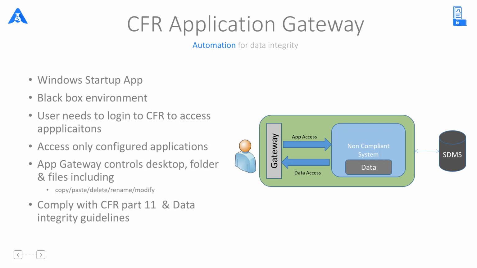CFR Gateway simply stops the user from being able to copy, paste, delete or rename files in Windows folders. This helps in making any non-compliant system, be it analytical instrument software or a normal Excel software or Microsoft Office software, 21 CFR Part 11 compliant and at the same time follow the data integrity guidelines.